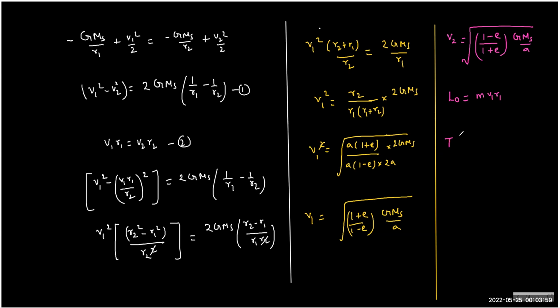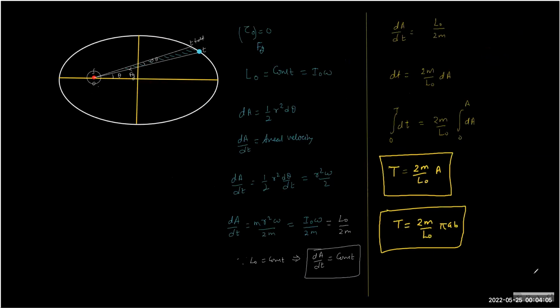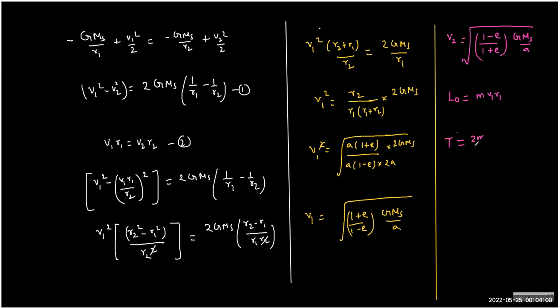So the time period we got is how much? What is time? 2m by L naught, no? Into pi a, right? Yes. So you can just substitute first. So 2m by L naught is how much?